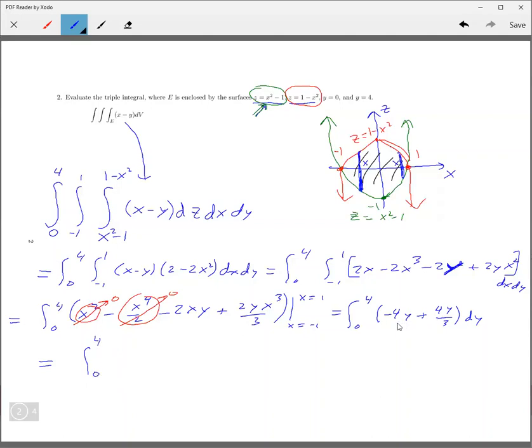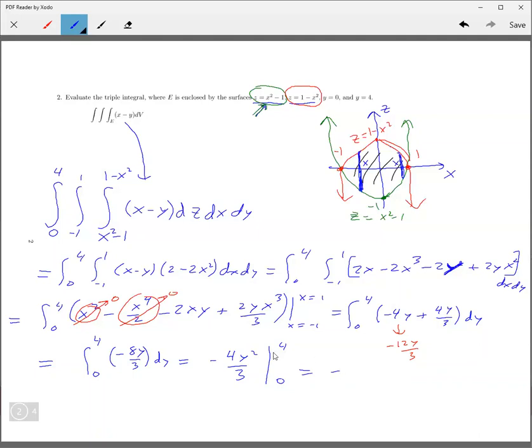Okay, so you can get a common denominator here. So this is the same as negative 12y over 3. And so those add up to negative 8y over 3. And the integral of negative 8y over 3 is negative 4y squared over 3, going from 0 to 4.